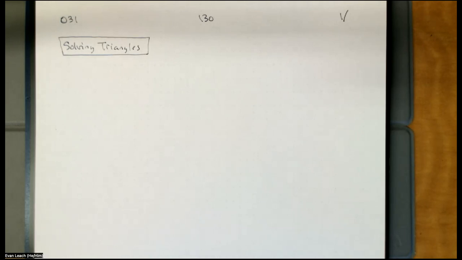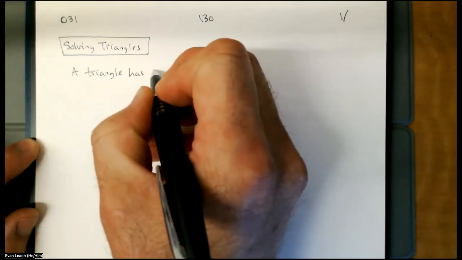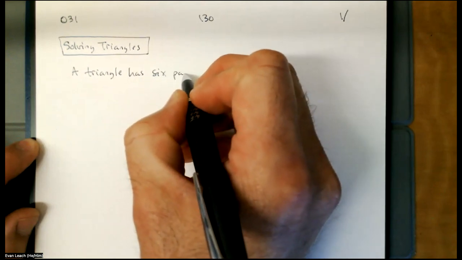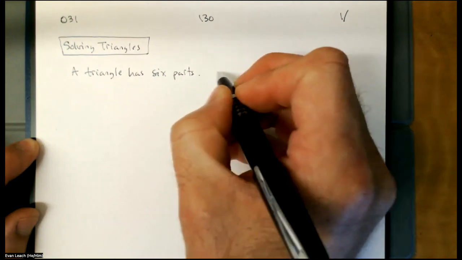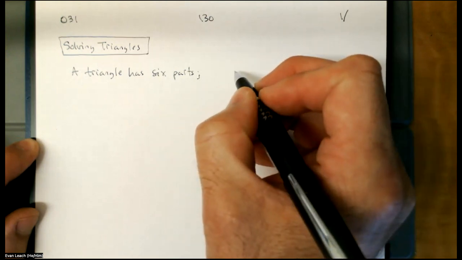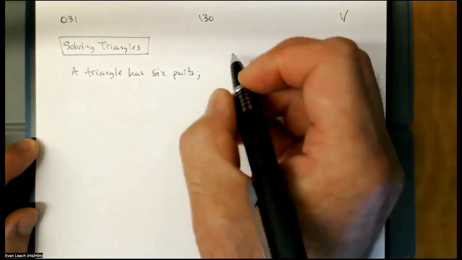There are 6 parts in a triangle. A triangle has 6 parts. Three sides and 3 angles.